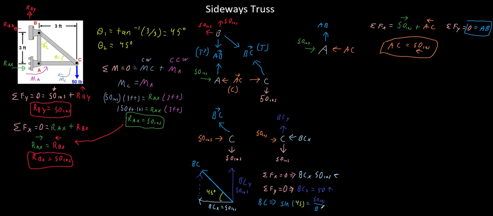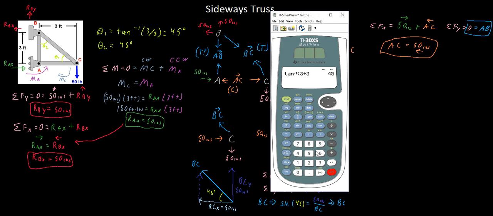And you can just use simple algebra, or you could divide this by 1 and make it a proportion problem. Either way, you just solve for BC. We can say, therefore, BC equals, and how would we solve? Well, I'm going to divide 50 pounds by the sine of 45 in my handy-dandy calculator. So 50 pounds divided by the sine of 45.